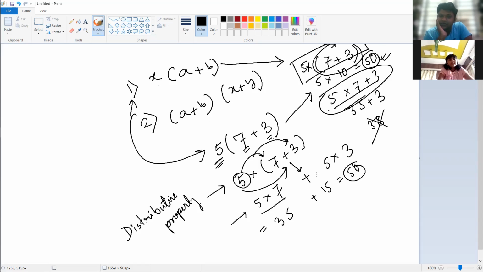Suppose you are 5 people. You just go to a normal tea shop. Everybody took 1 tea, and the tea price is, suppose, 7 rupees.